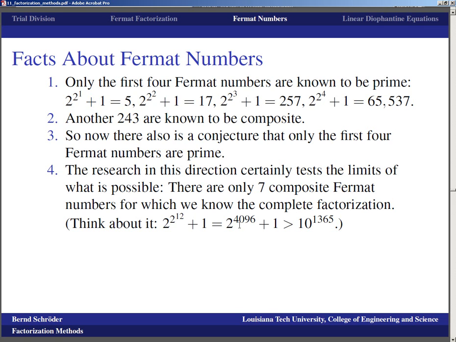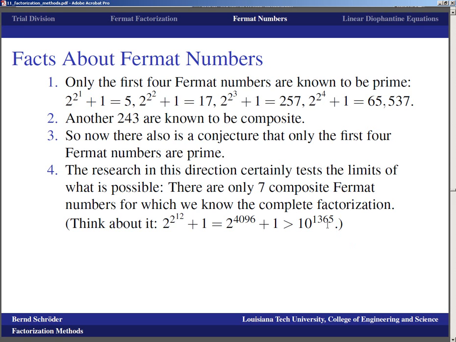If you're working that out here, I think I just took the log to base 10, and that's greater than 10 to the 1,365, so that is a number with over 1,360 digits.